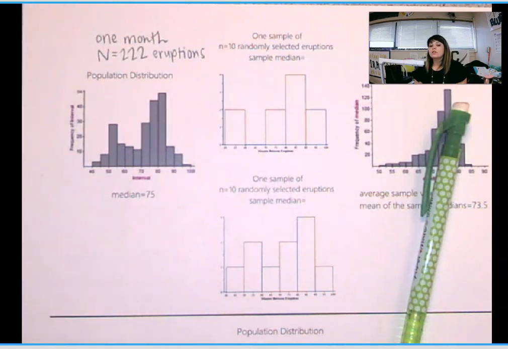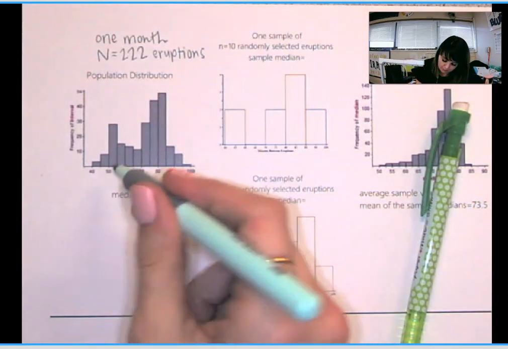So what we're looking at instead is the median. And because we're investigating sampling distributions, they just go ahead and give us the true median. So the true median for our population is 200, just kidding, is 75.